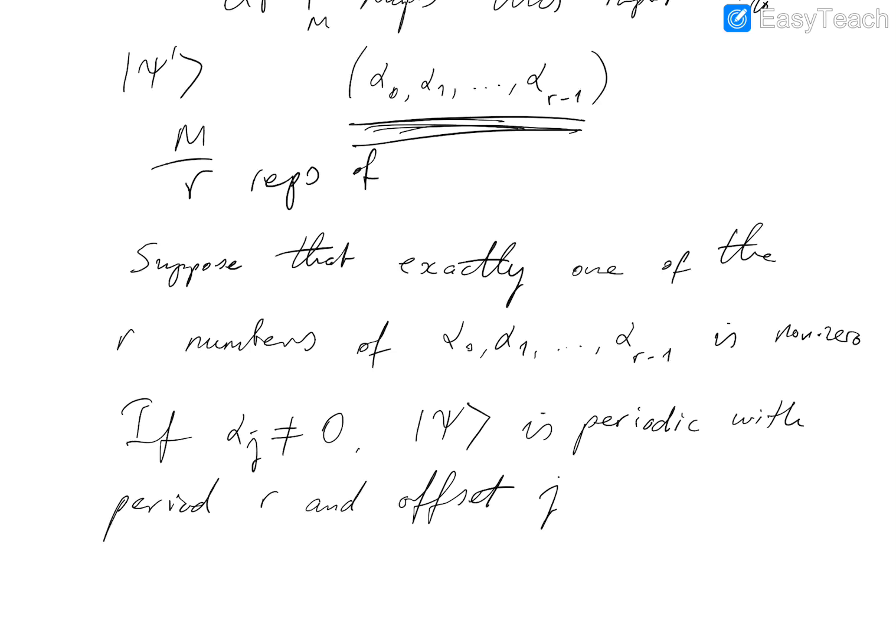Offset basically gives us the first basis state with a non-zero amplitude.